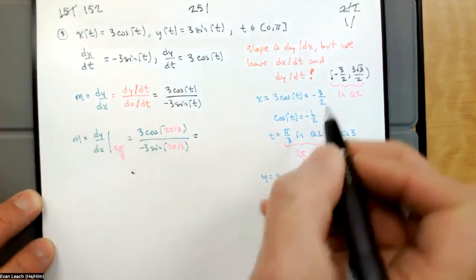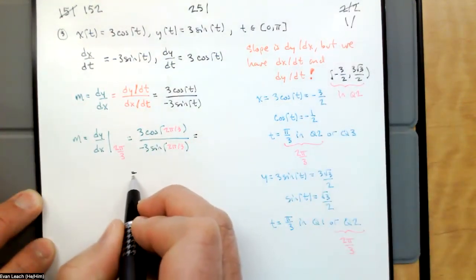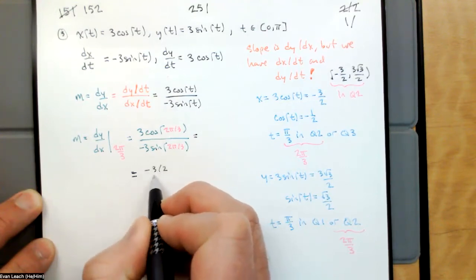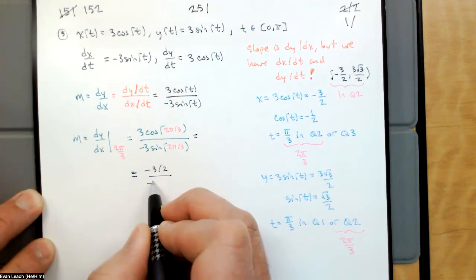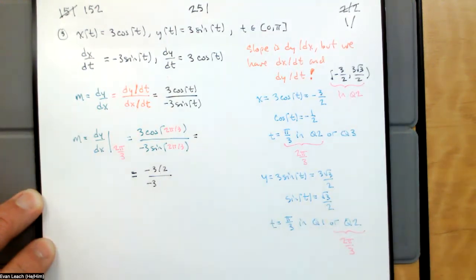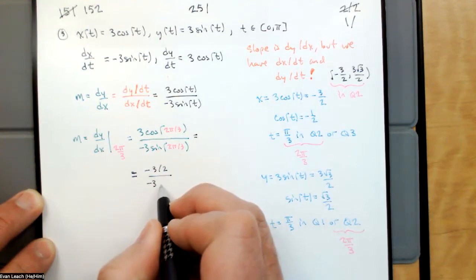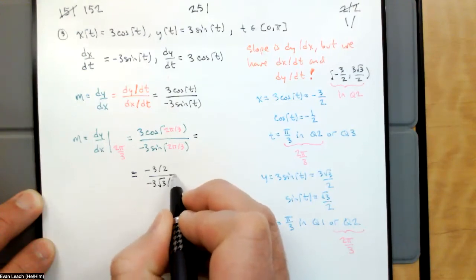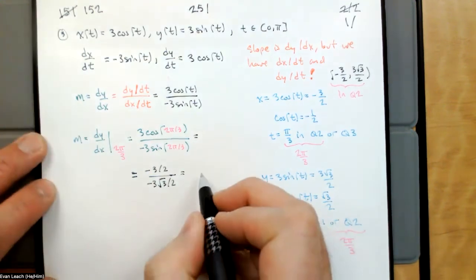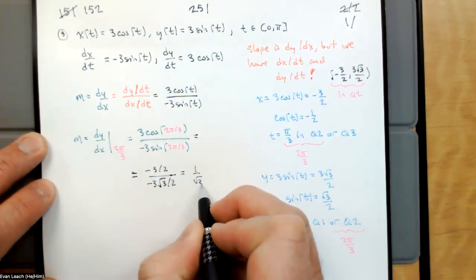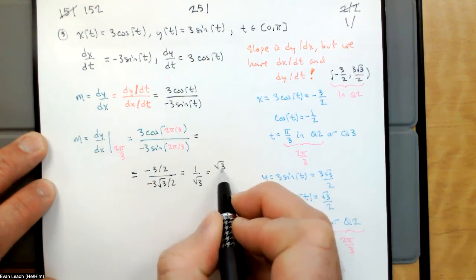And negative 3 sine of 2 pi over 3 will be negative 3, since sine is positive. The negatives cancel, the over 2's cancel, the 3's cancel, and we're left with the same thing that we had before, 1 over √3.